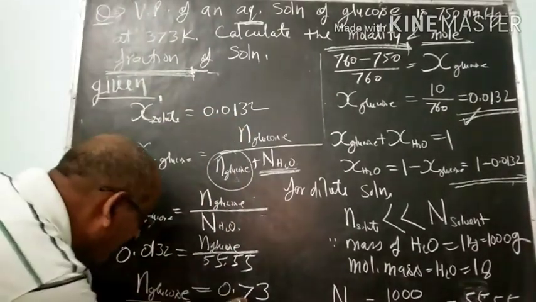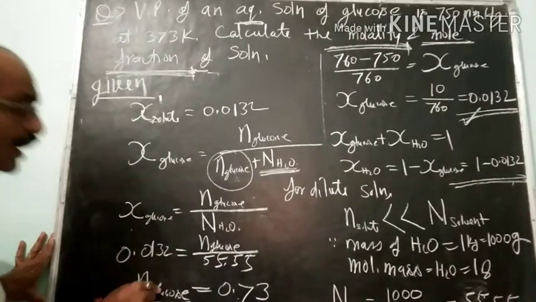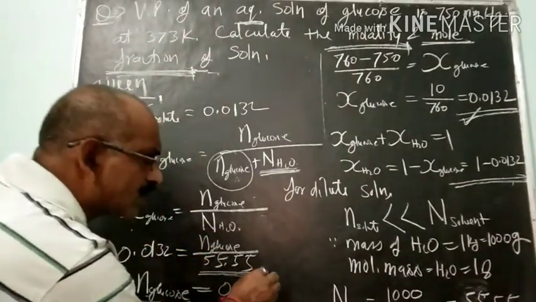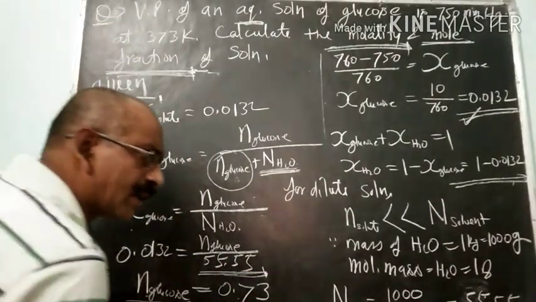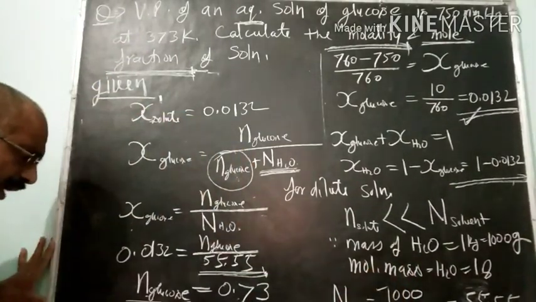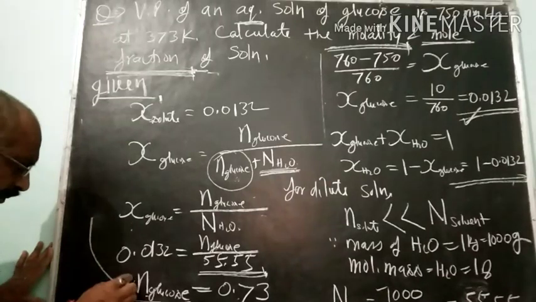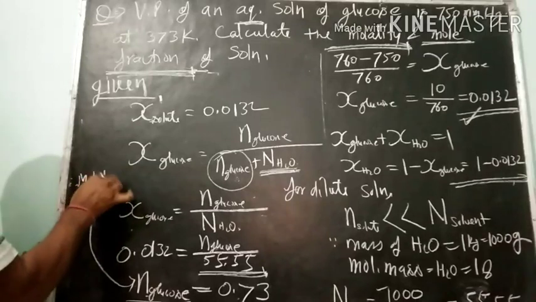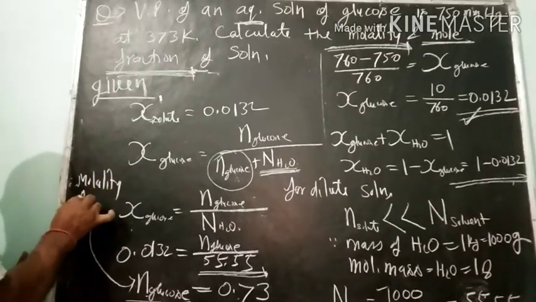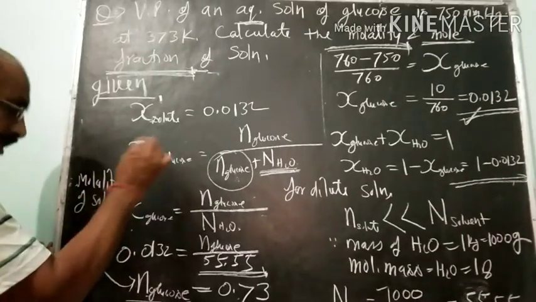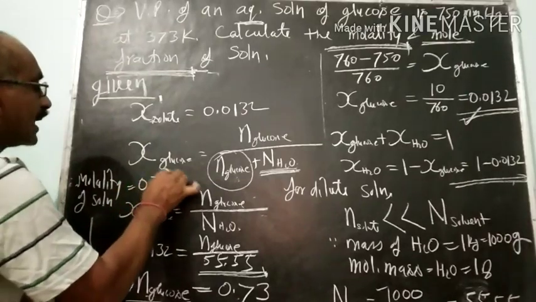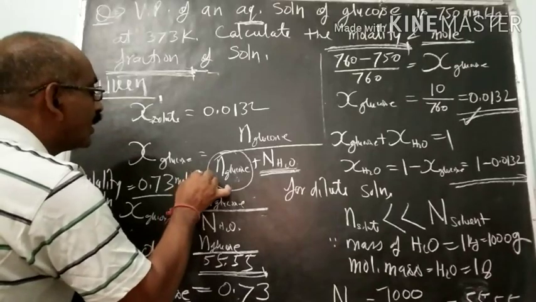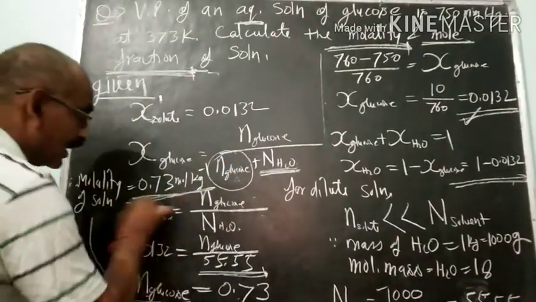So these are the number of moles of the solute dissolved in 55.55 moles of the solvent, meaning 1 kg of solvent. Therefore the molality of the solution equals 0.73 mole per kg. Is it clear?